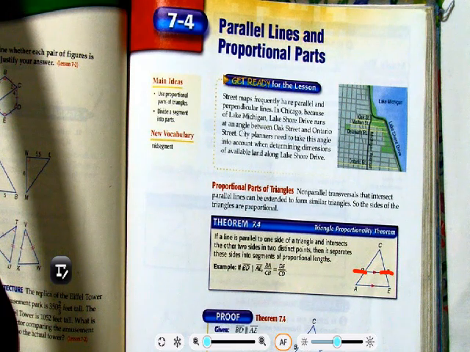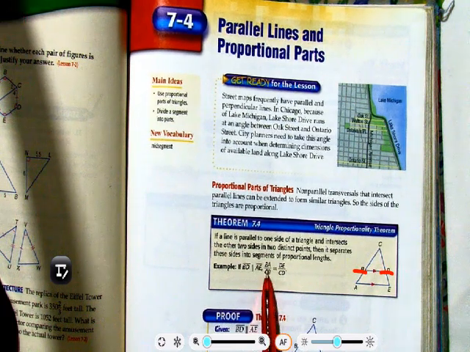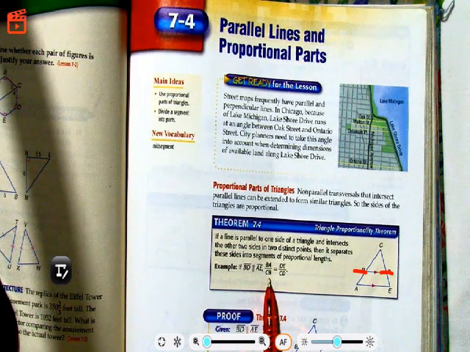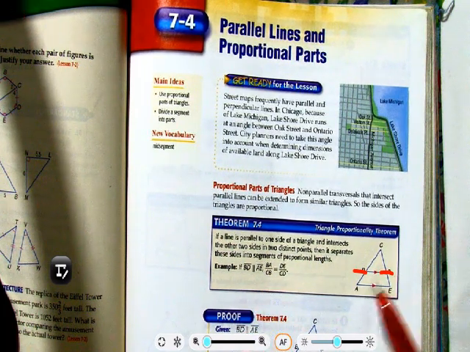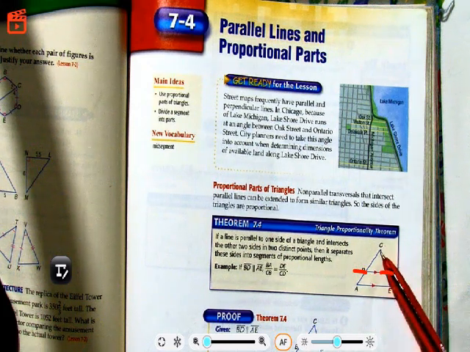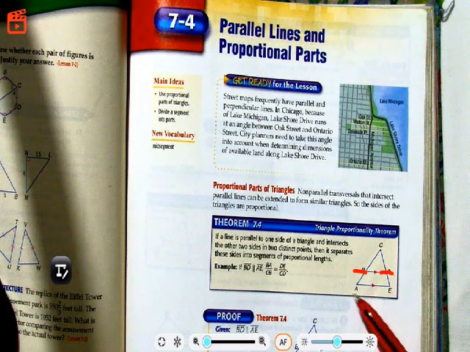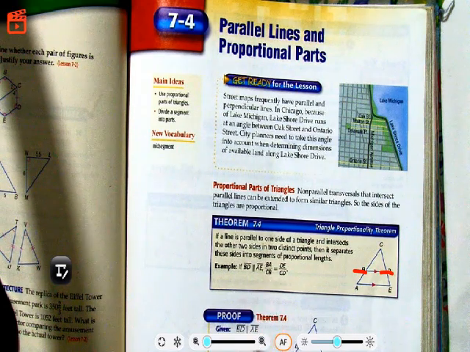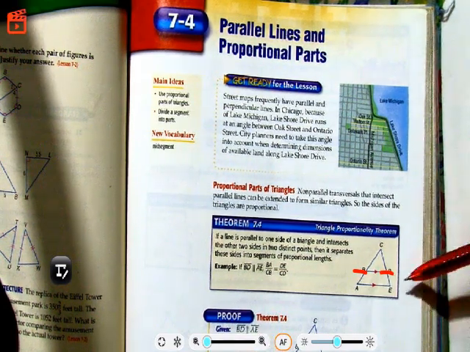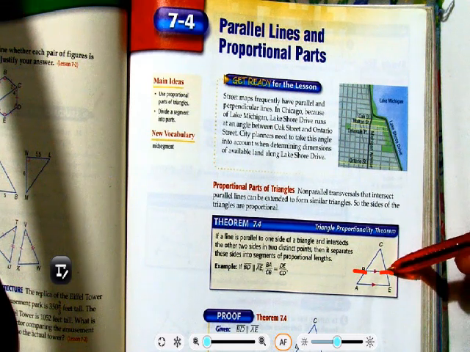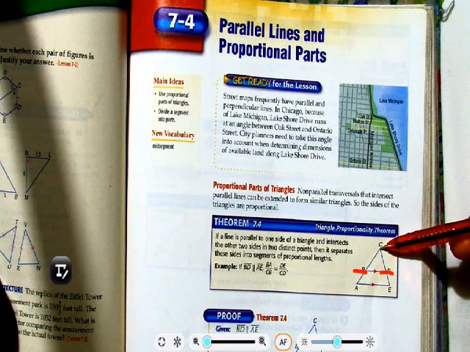That's why you see that we have BA over CB. These segments came from one side. This is your BA over CB, or CB over BA. It doesn't matter as long as you are consistent. If you do BA over CB, then the fraction on the other side would be DE as your numerator over CD as your denominator.